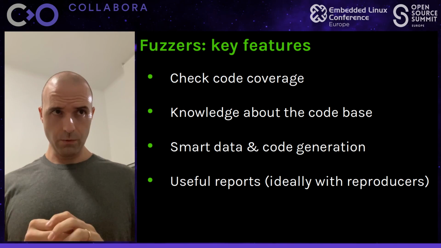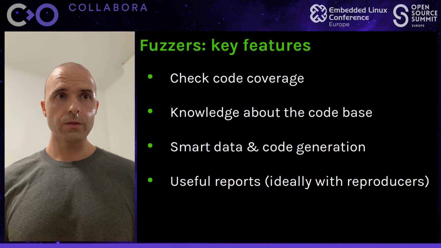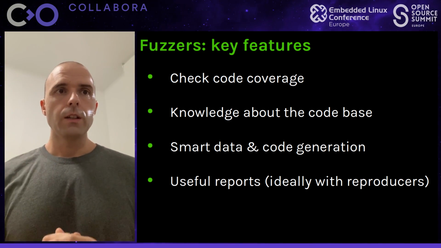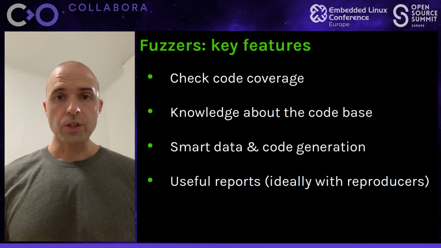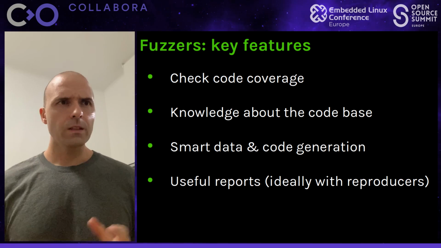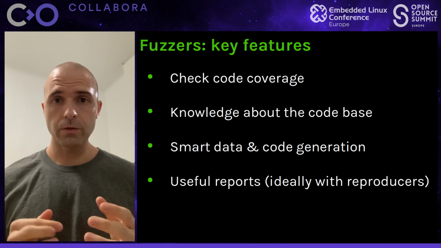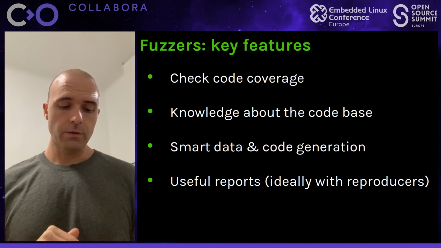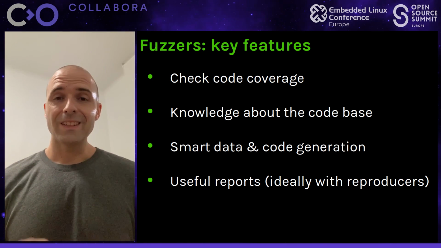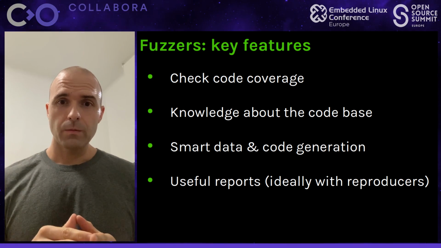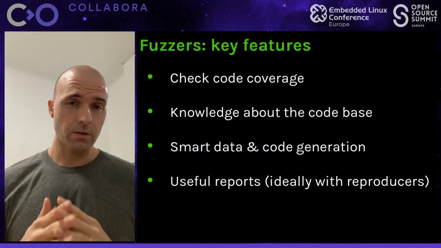We also want some way of getting information about the source code, so that the fuzzer can generate test programs more efficiently. It's also good to have the capacity to generate data input and code sequences in a random but smart way, because we want two things here.